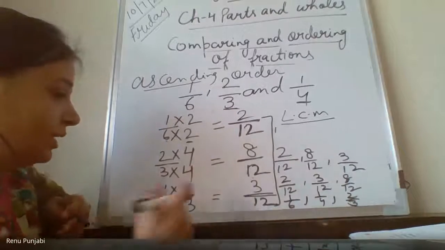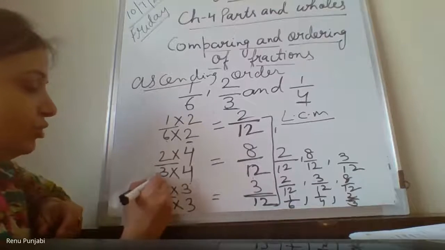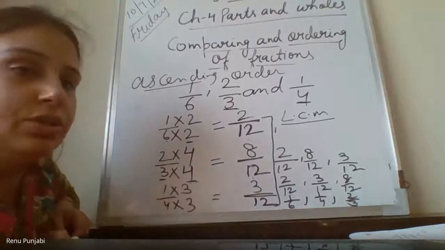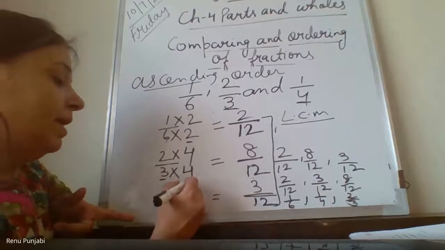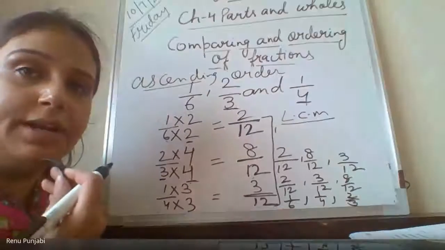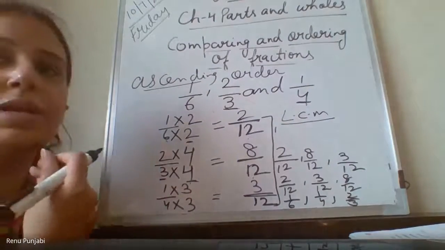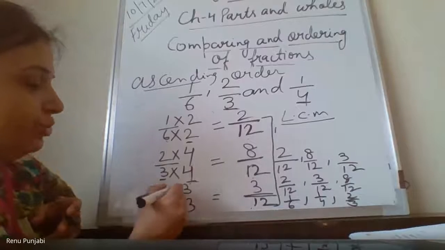So if you want to make the denominator 12, you multiply 3 with the 4. 3 4s are 12. If you are multiplying the denominator by 4, multiply the numerator with the same number. 2 into 4 is 8. Same here, 4 into 3 is 12 and 1 into 3 is 3.